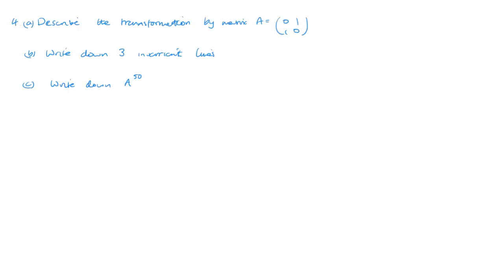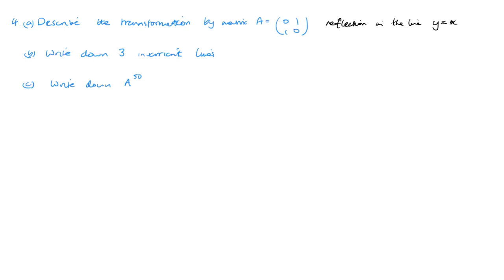Okay, so part A, transform by matrix A, that is a reflection in the line y equals x. Now, 3 invariant lines.